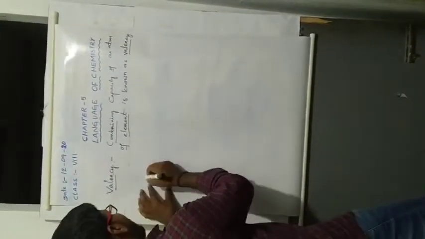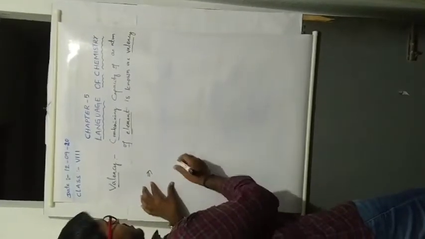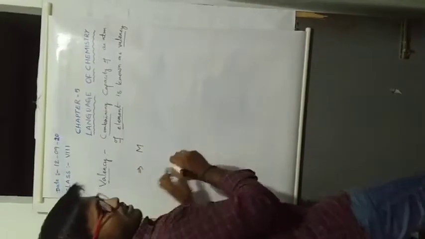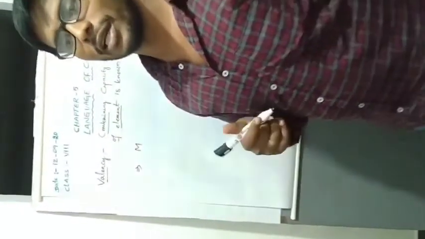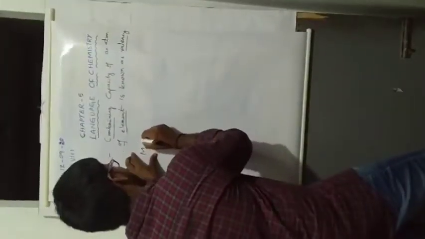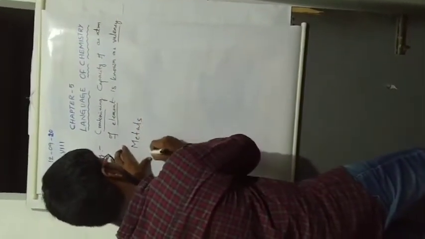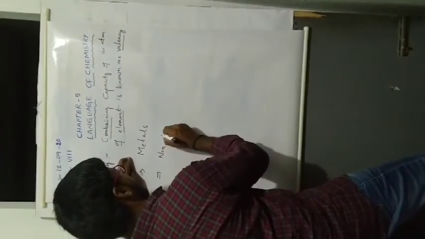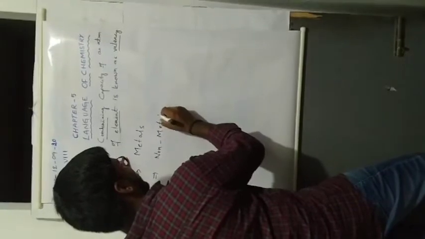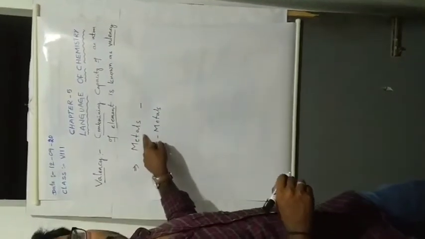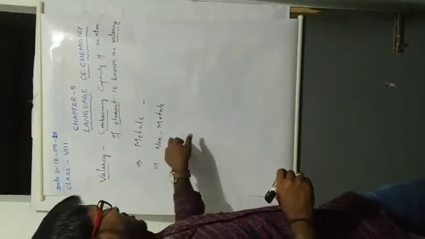So here is a simple way to learn the valency of elements. First, in the periodic table, elements are divided into three parts: metals, non-metals and metalloids. Today we discuss how to find the valency of metals and non-metals.